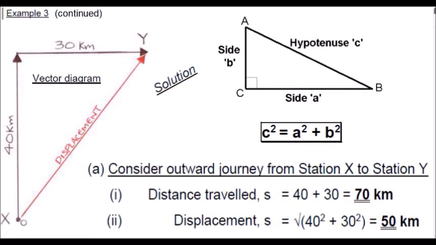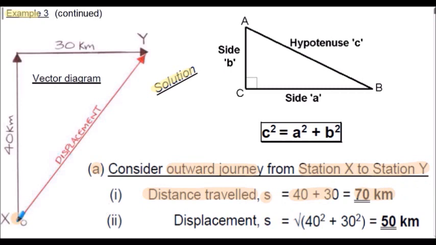So example 3, solution continued. So part A, we're considering the outward journey from station X to station Y. So the distance travelled, symbol S, would be 40 plus 30, that's 70 kilometers.